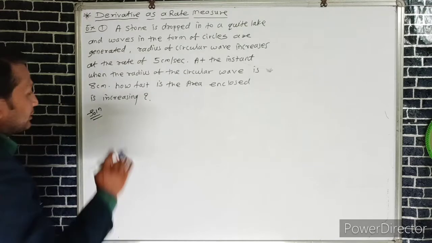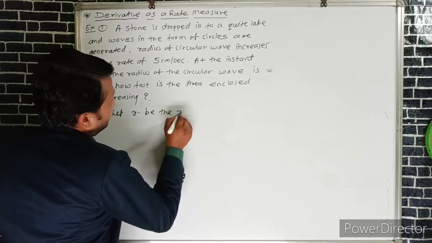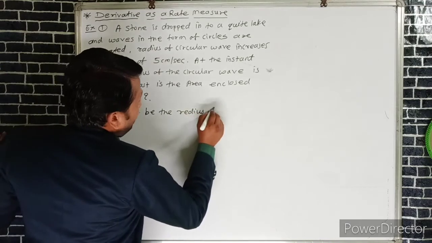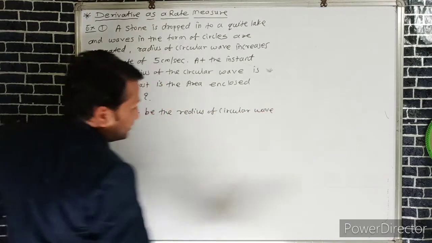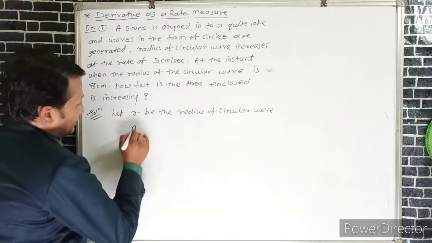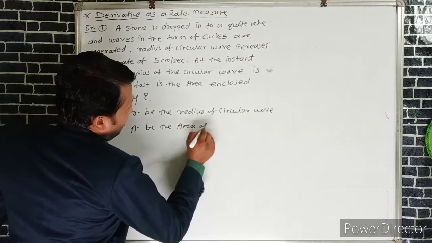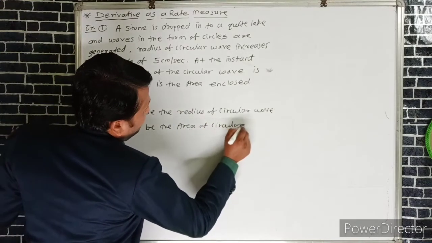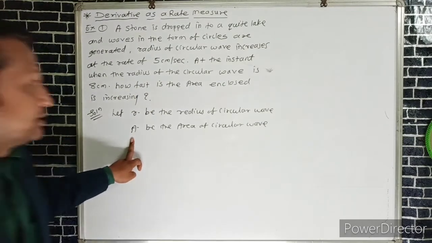So first we consider: let r be the radius of the circular wave or circle, and A be the area of the circular wave or circle.